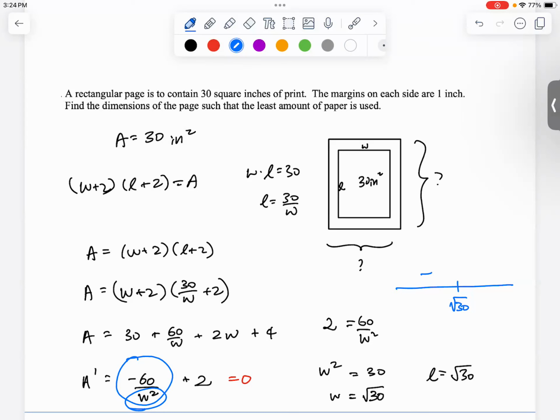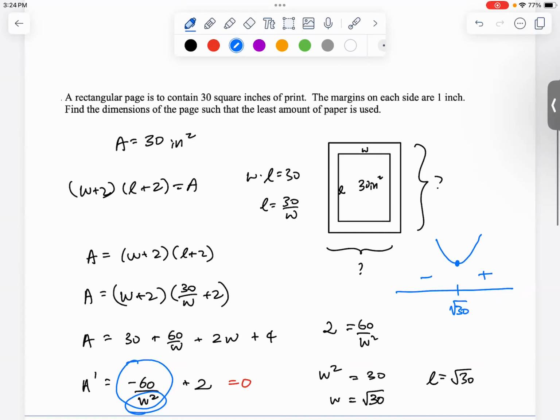If you have a W that is bigger than root 30, then the first term, the negative term, will be less than 2, and then plus 2, that will become a positive. So in terms of slope, it goes from negative to positive. So that's how we know that it is a local minimum. Okay, it's a local minimum on the actual area function. Good.